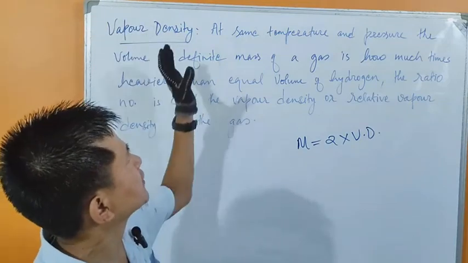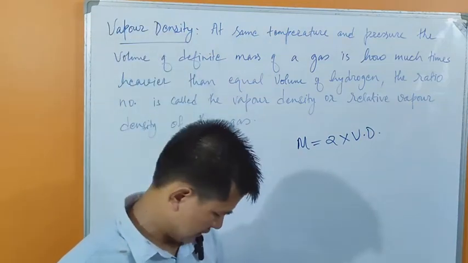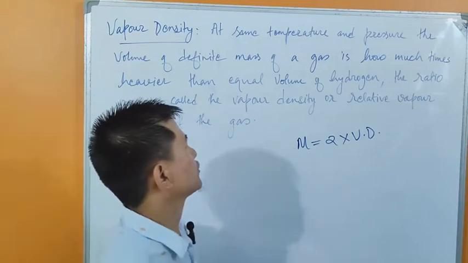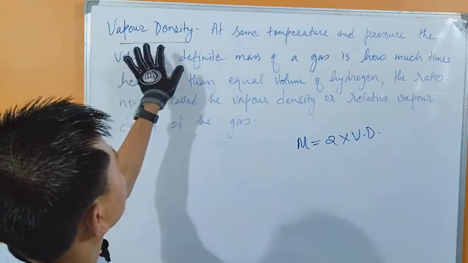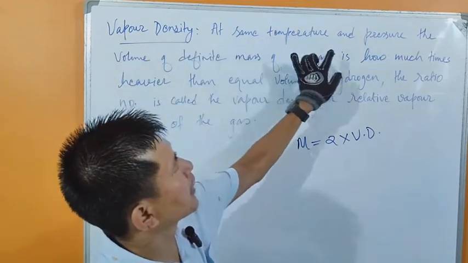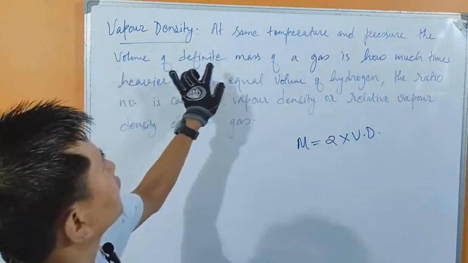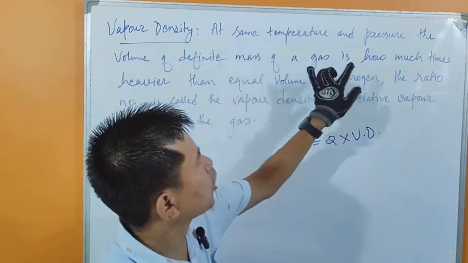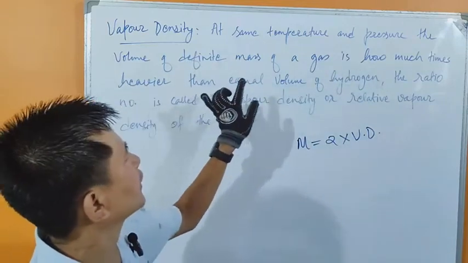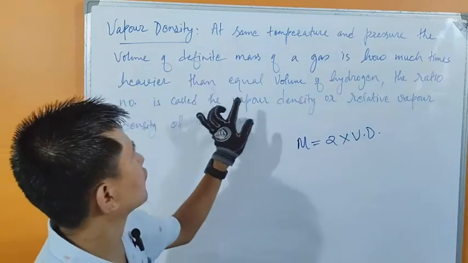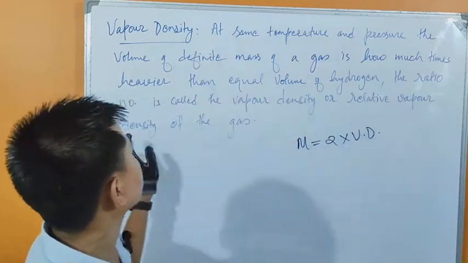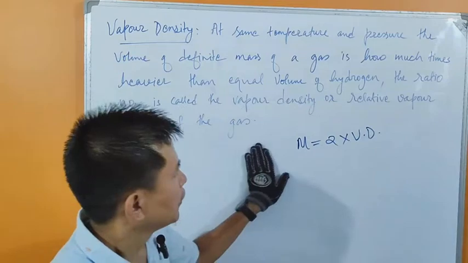Let us read this out. At the same temperature and pressure, the volume of a definite mass of a gas is how many times heavier than an equal volume of hydrogen. This ratio number is called the vapor density or relative vapor density of the gas.